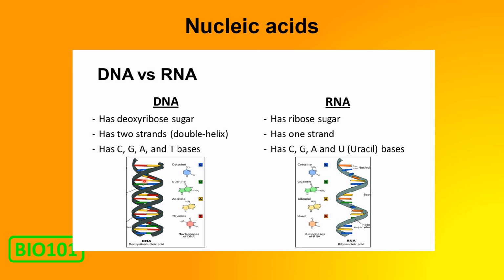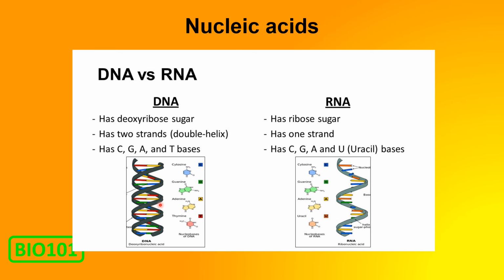So DNA is a double-stranded alpha helix. Chaperone proteins do that work. This is secondary structure. So DNA has deoxyribose sugar. It's two strands. We call it a double helix.